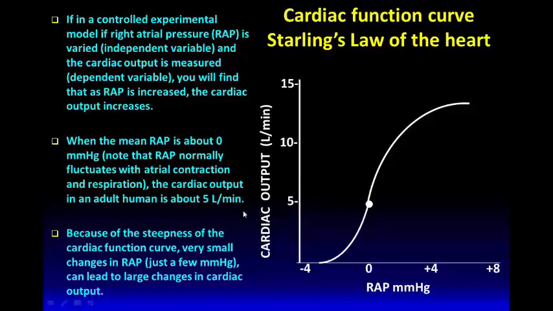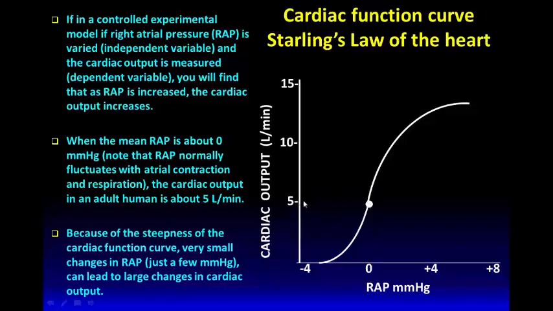Thus, the cardiac output is the dependent variable. It is the variable which depends on the changes in the right atrial pressure. When the right atrial pressure is 0 millimeters of mercury, meaning atmospheric pressure, the cardiac output in an adult human is about 5 liters per minute at rest.